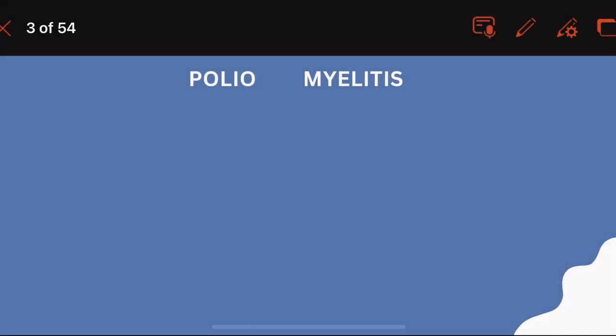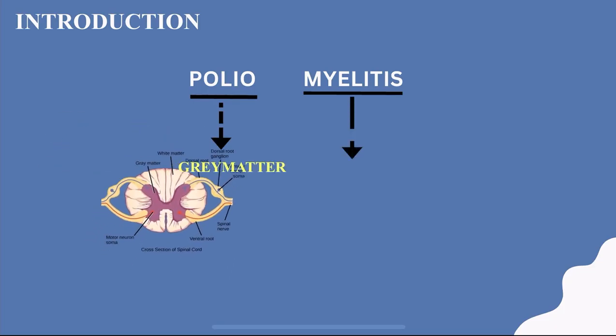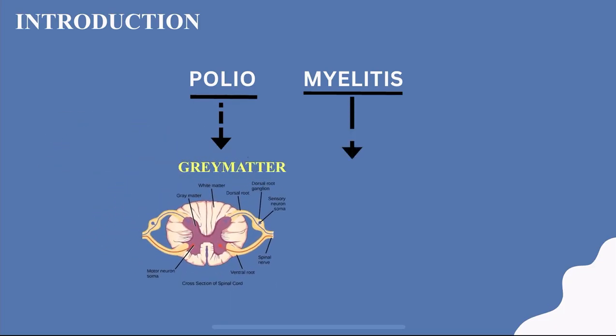So poliomyelitis, the word breakdown: polio means gray matter and myelitis is the inflammation of the spinal cord, where myelos stands for the spinal cord. Clear?